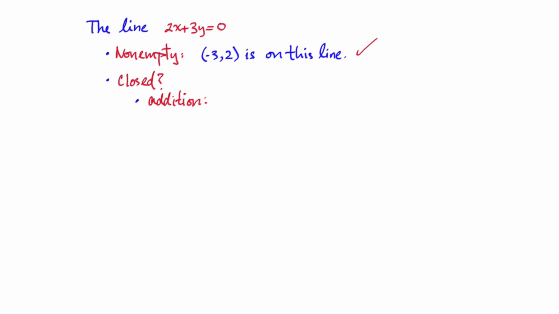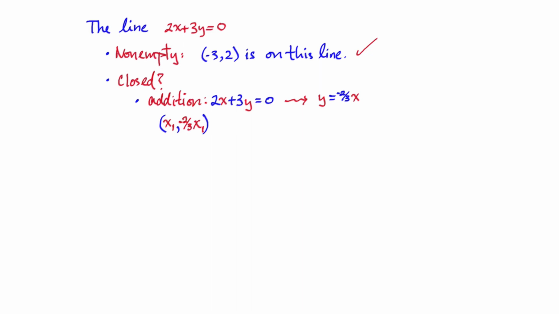So I'm first going to solve it for y in terms of x so I can get the relationship. So y is equal to -2/3 x. So now an arbitrary point on the line has to look like this: x1, -2/3 x1. So the second coordinate has to be -2/3 times the first coordinate.